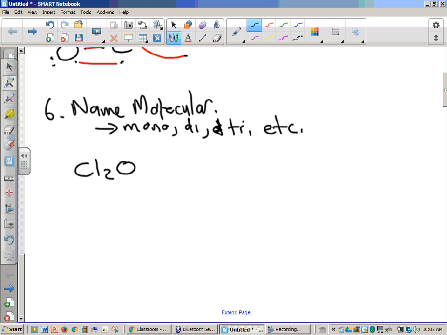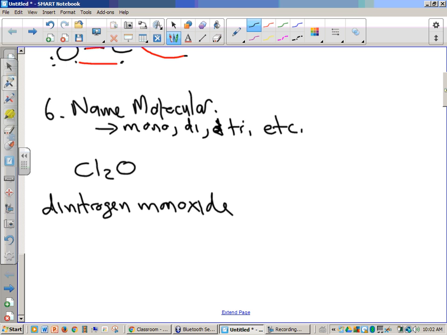And then we'll come up with a formula for dinitrogen monoxide. Name for the first one. What do you think, Tyson? How many chlorines?